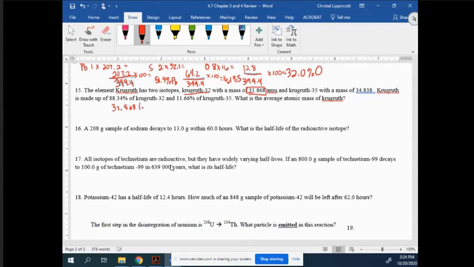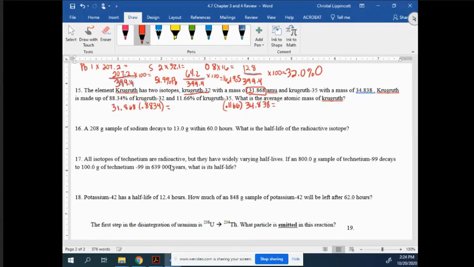So I'm going to take that out of percent form, put it into decimal form by dividing by 100. And then I have this other one, I have 0.1166. I just took that out of percent form by dividing by 100, and I'm going to multiply it by its mass, which is given here, 34.838.